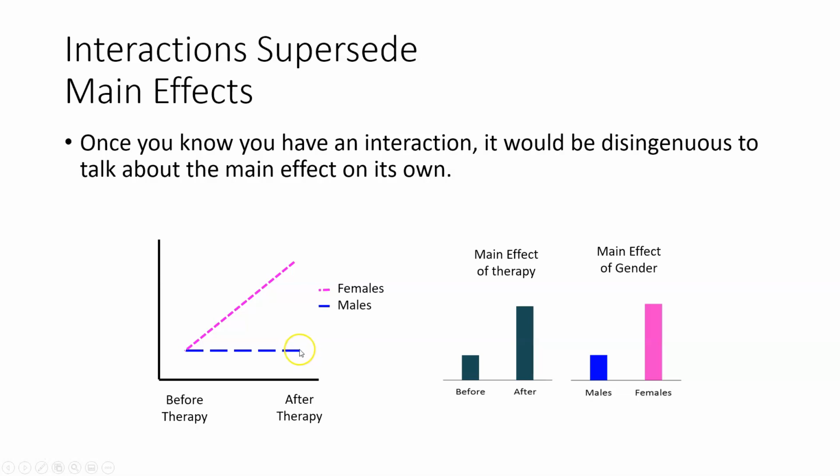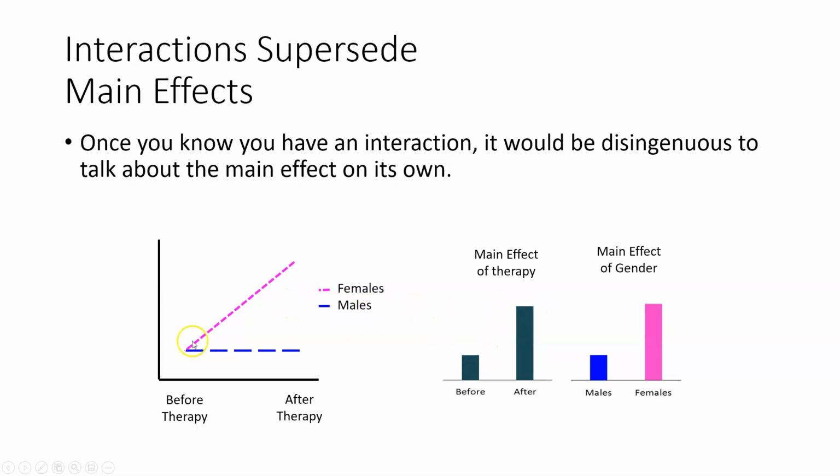If that were the case, we could compute a main effect of A and a main effect of B, and we could compute the interaction. But if we found the main effect of therapy, it would look like this. Before versus after is the average of the pink and the blue here, so this is this level right there, and the average of the pink and the blue here after therapy, which is in the middle, or that level.